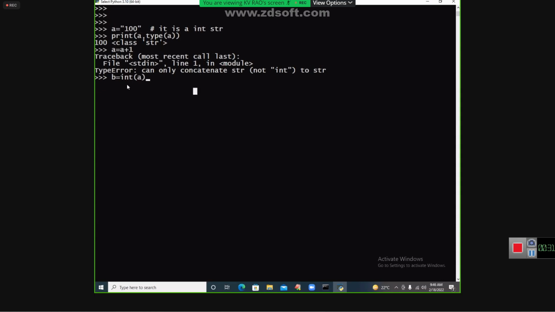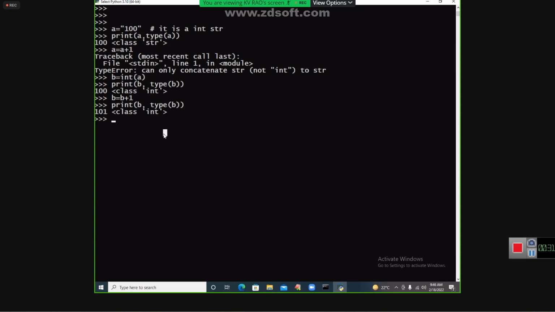I can happily convert this numerical string into an integer value, no problem. Print of b comma type of b. See, 100 is coming. Now you say b is equal to b plus 1. Yes, happily modified. Print of b, which is 101, it is coming.